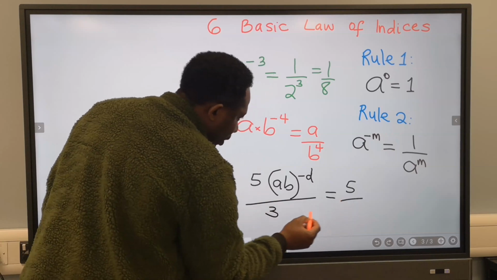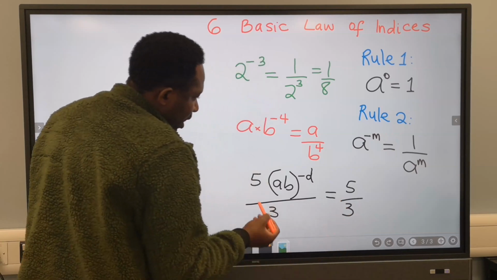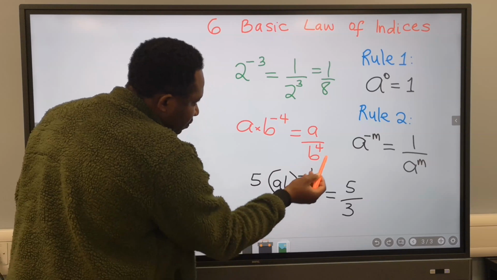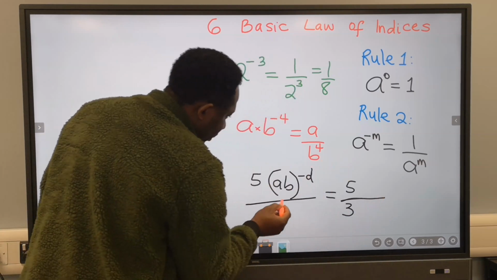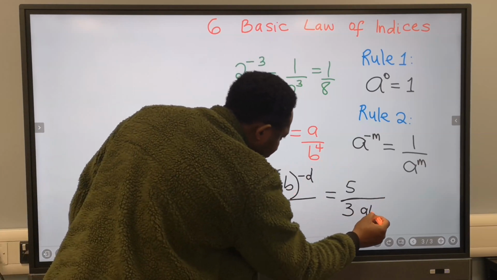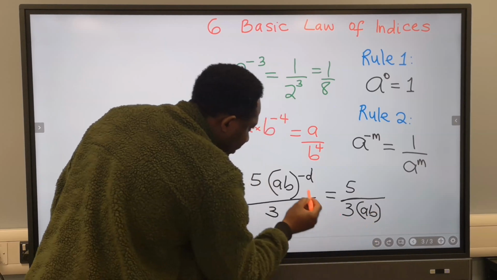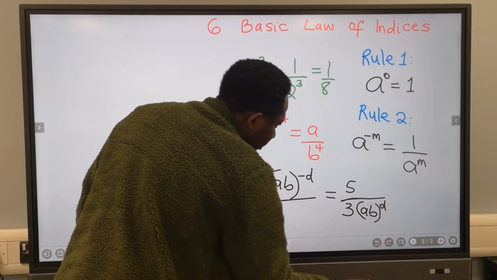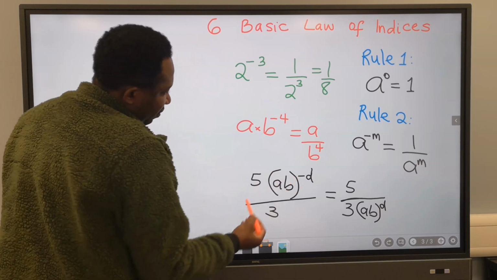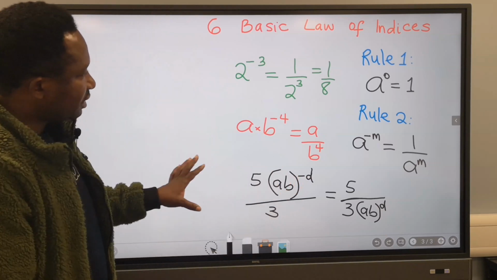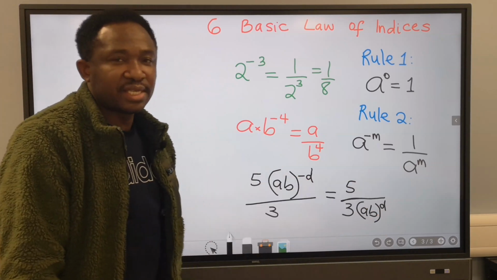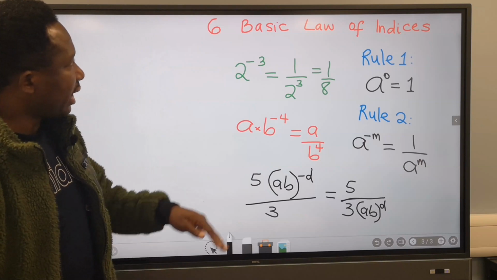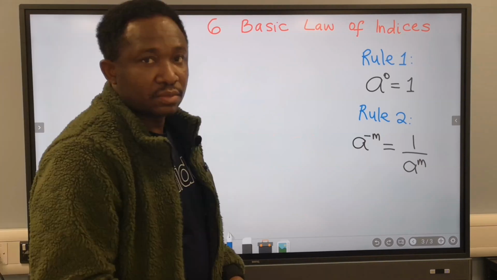And here we got 3. However, because of this law, a and b will come down with the d, taking off the negative. This is the application of the second rule in the law of indices.